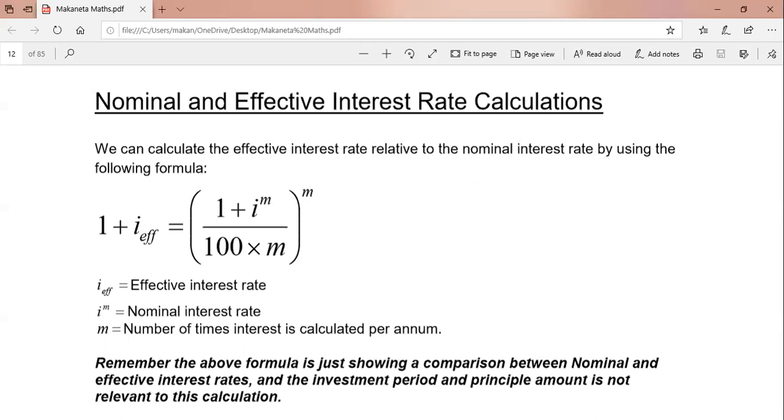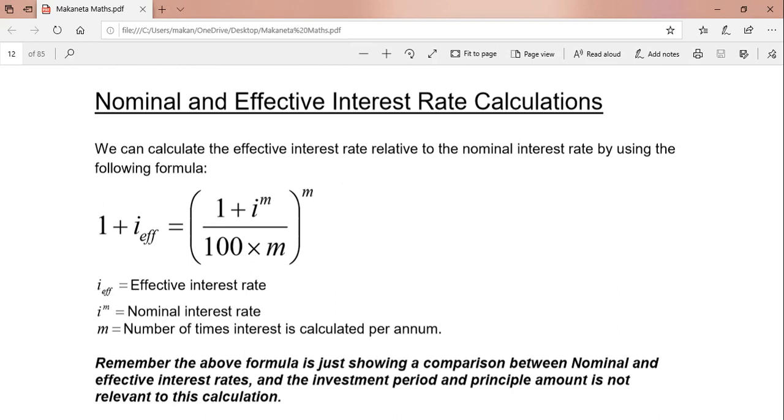In the same vein, we do not have any principal amount. What we have got are two types of interest rates, the effective interest rate and the nominal interest rate, together with the number of times where interest is calculated per annum.